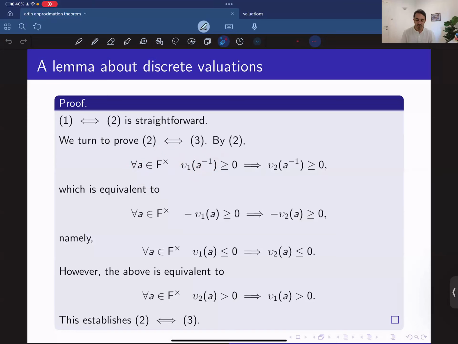But the reason I write it like that is because now you can take the minus 1 outside of the valuation. That's one of the properties that we've seen. So this is equivalent to saying that if minus V1 of A is non-negative, then minus V2 of A is non-negative. Moving things to the other side, this is equivalent to saying that for every non-zero element, if V1 of A is smaller or equal than 0, then also V2 of A is non-positive.